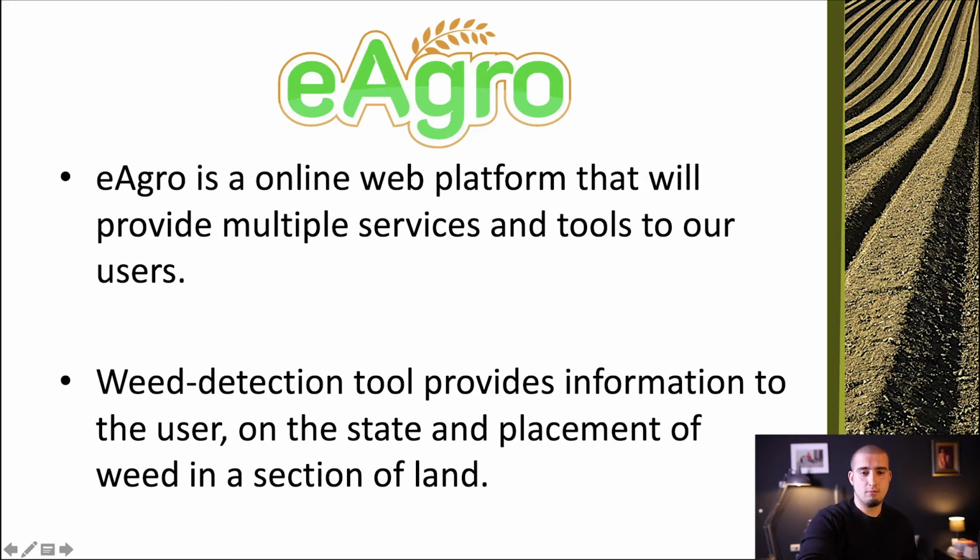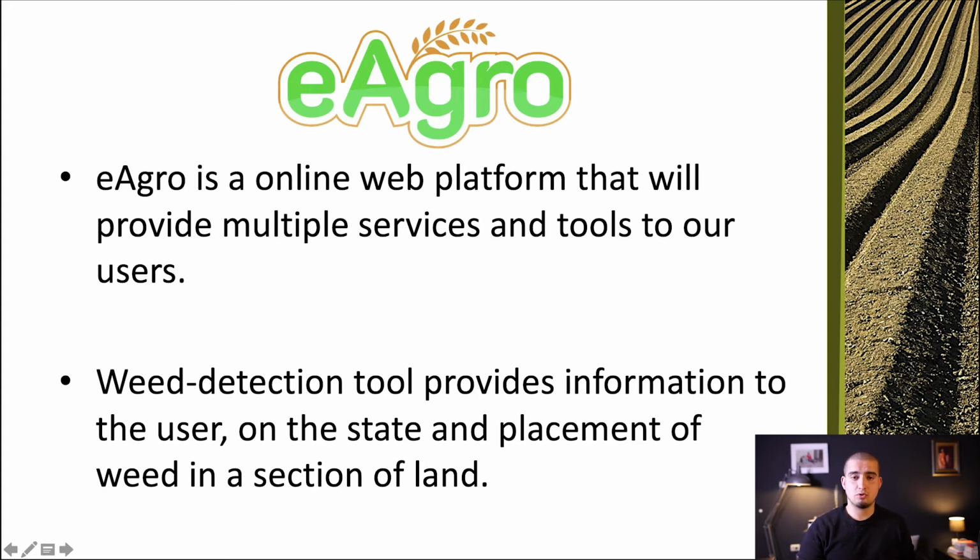I would like to take a moment and explain a bit better what EAGRO is. EAGRO is an online web platform that we are currently developing. There are, in fact, multiple organizations worldwide tackling the same issues and developing projects with the goal to digitalize agriculture.